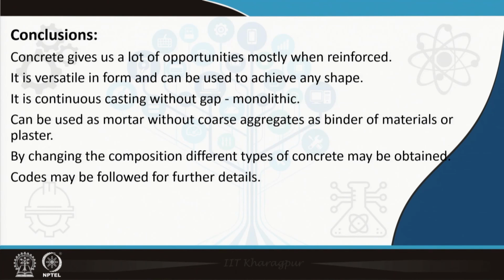So, codes are always there for us, but as an architect you need to emphasize the versatility and you also need to know what type of construction, where it is to be made, what the availability is, and the role of each of the ingredients. As architects, if you know these, then you can always take up challenges in using concrete as a compressive material and also as a compressive and tensile material with reinforcement in it.